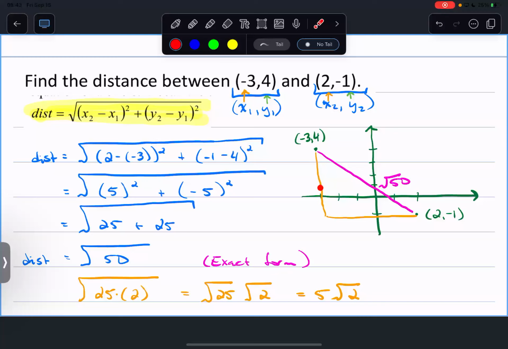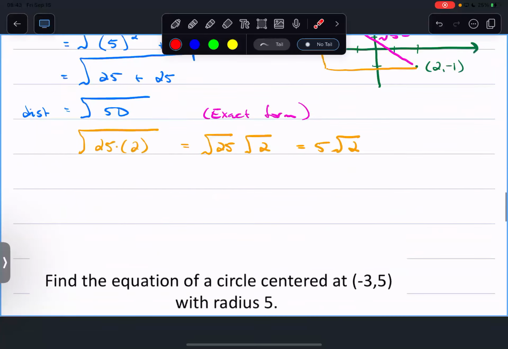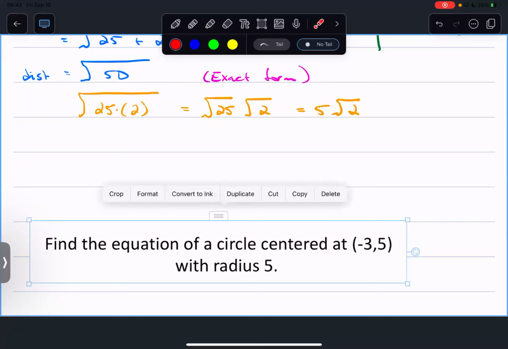Then we found this distance, a squared plus b squared equals c squared. Take the square root and you're at the square root of 50, right? So you can confirm it visually if you want to. But that's what we did. We just have a formula to use so that you don't have to do it like this every time. But you could, if you want to.